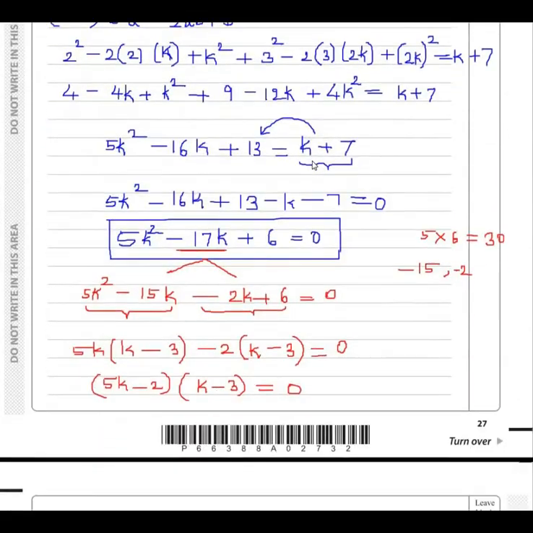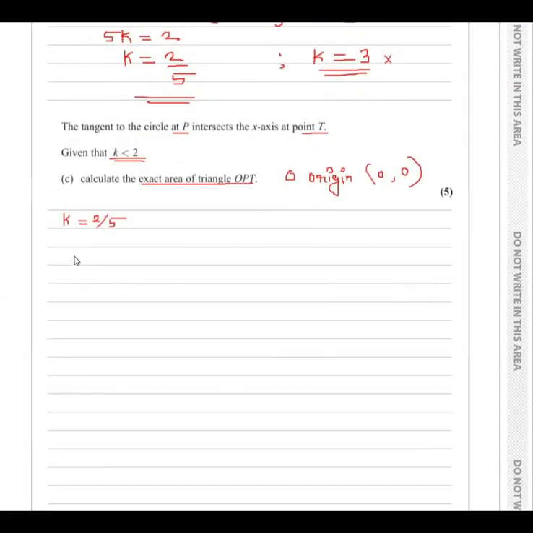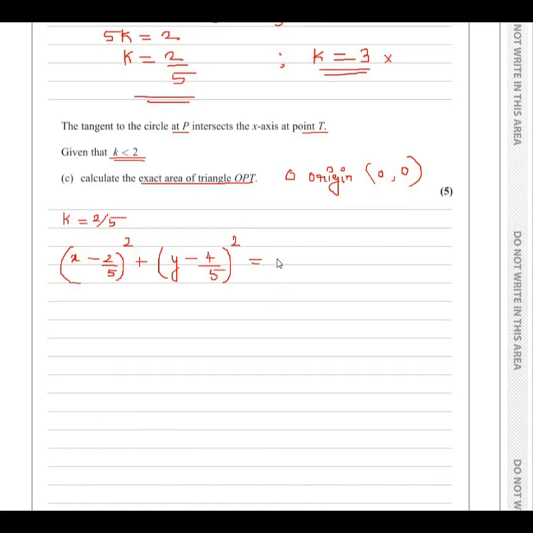So we put it as x minus 2 over 5 the whole square plus y minus 2k, so 2 times 2 over 5 gives you 4 over 5, the whole square equals k plus 7, so 2 over 5 plus 7.